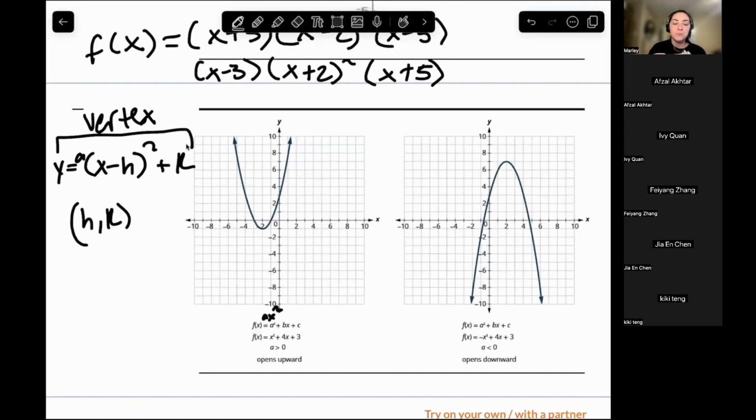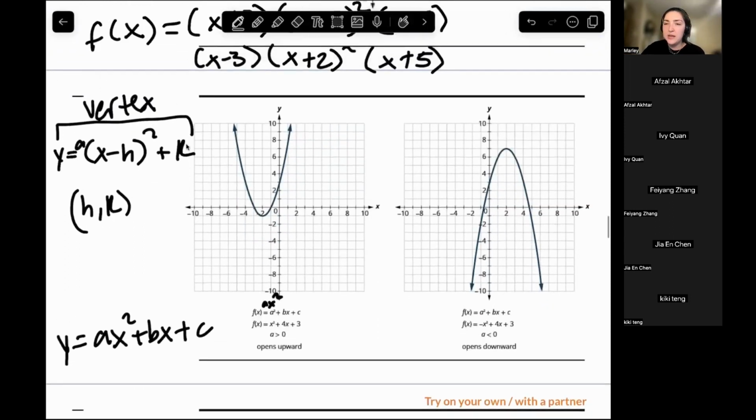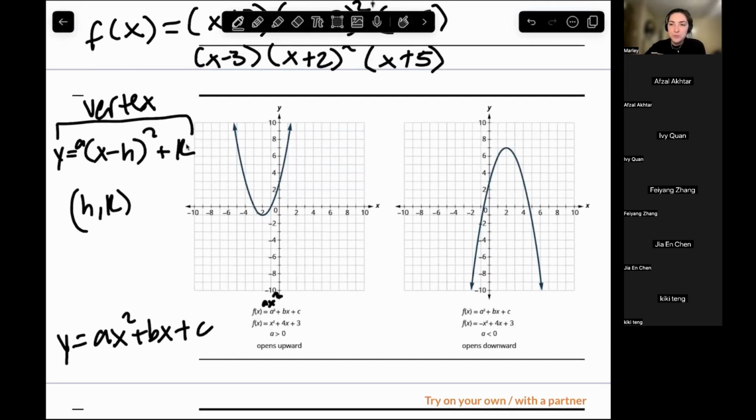One thing to note about that formula is that on the SAT, what they'll typically do is they'll give you something in ax squared plus bx plus c, and then they'll say which of the equivalent forms shows the maximum or the minimum, and then they'll have A, B, C, D as their answer choices.